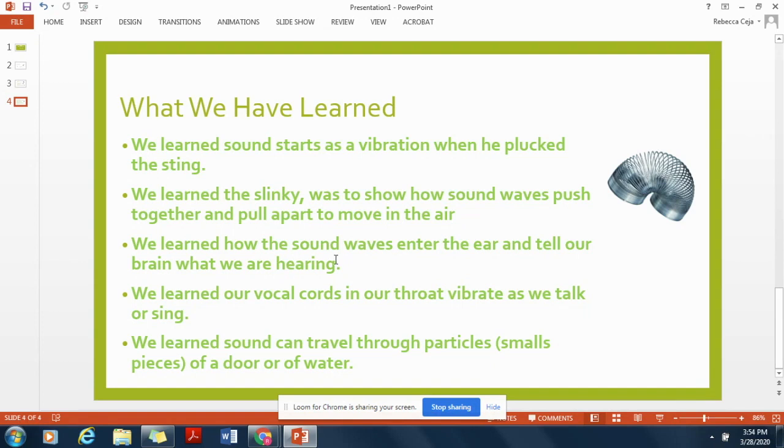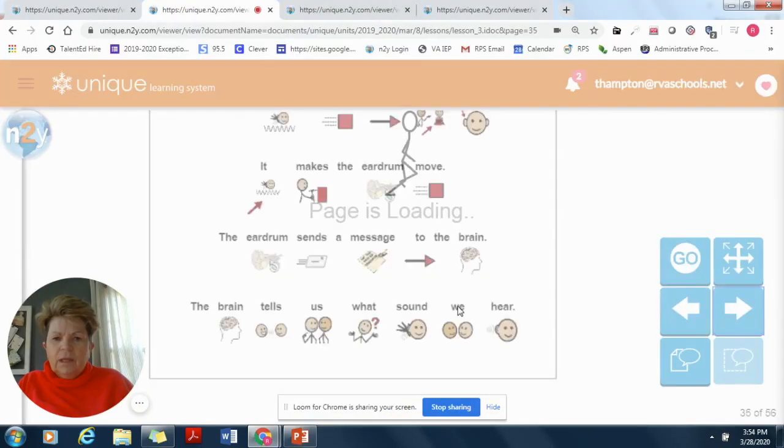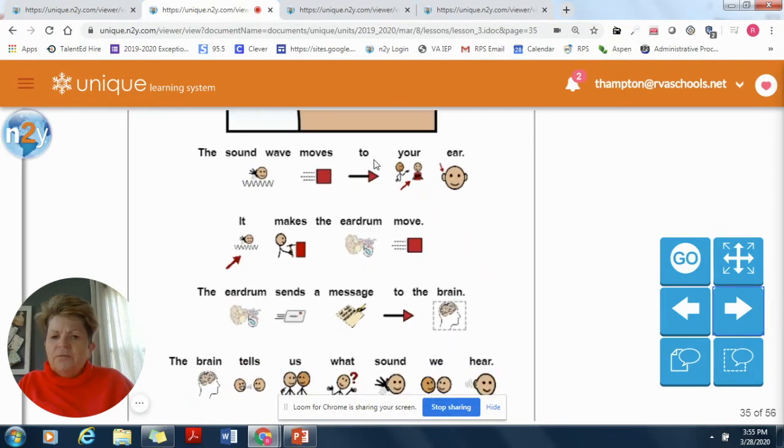We learned how the sound wave enters the ear and tells our brain what to hear. The sound wave moves into our ear. It makes the eardrum move, and then the eardrum sends a message to our brain.